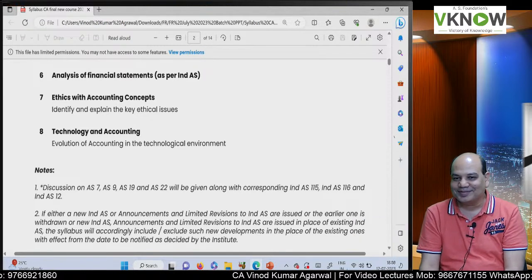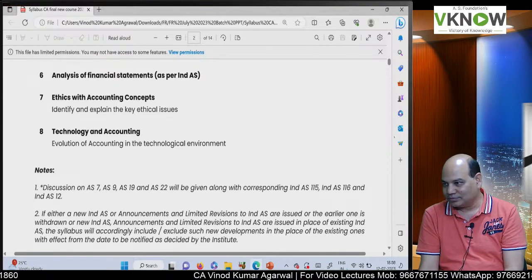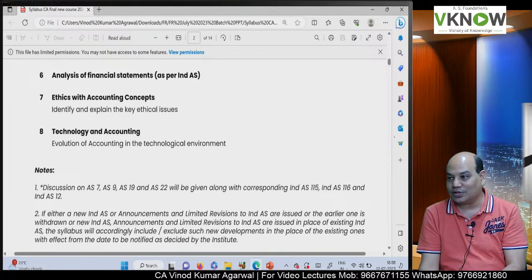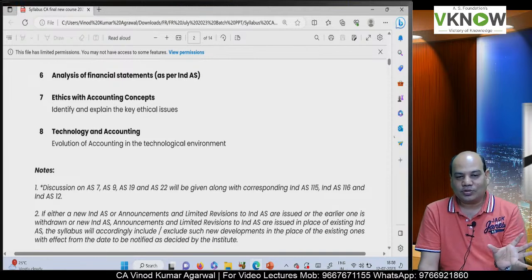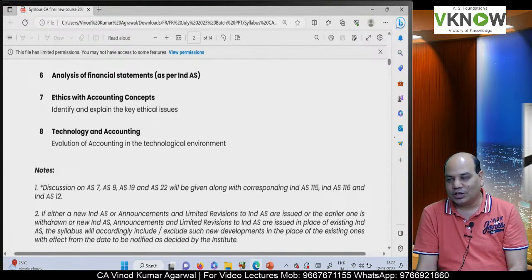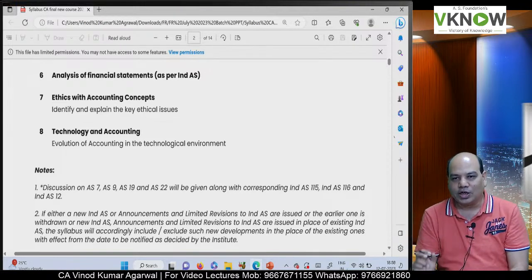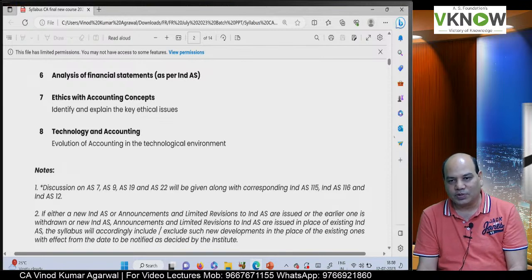Unnecessarily you are learning, because technology will do all the basic accounting work. Is it right? So therefore you also have to reskill yourself, evolve and learn that technology so that you can survive in future. Otherwise most of the tasks of an accountant will be taken care of by the technology. So that is what they have explained there.